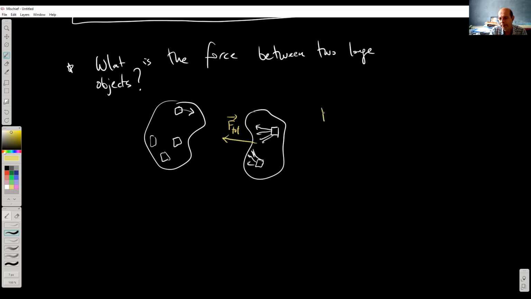So let's see it like this. This F total is the total gravitational force. This can be done by integration. As a result, you have to know some calculus to be able to do this. We are going to carry out some of these calculations in the second semester, but not in this semester.